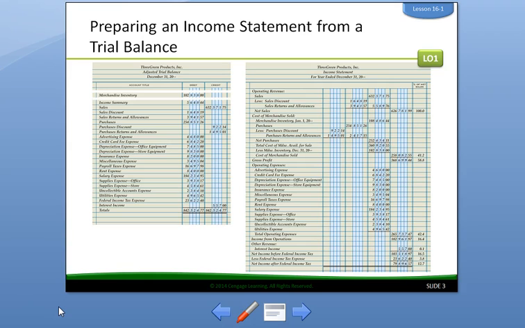Here is our income statement from a trial balance. So the things I want to point out, we've got 4 main sections. The operating revenue right there. The cost of merchandise sold right here.